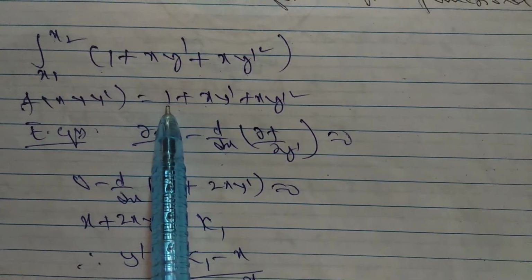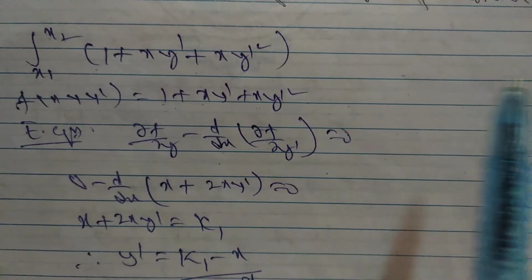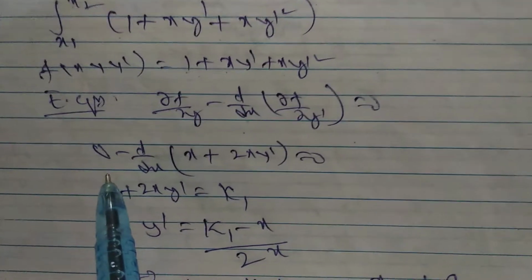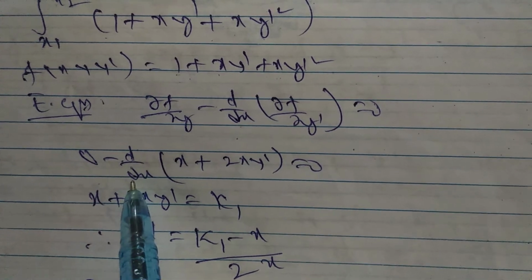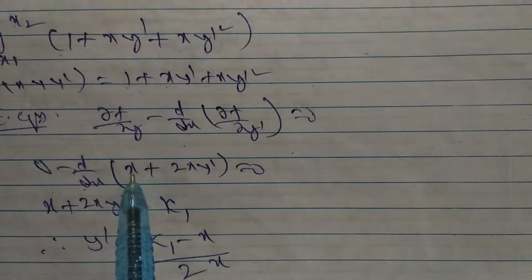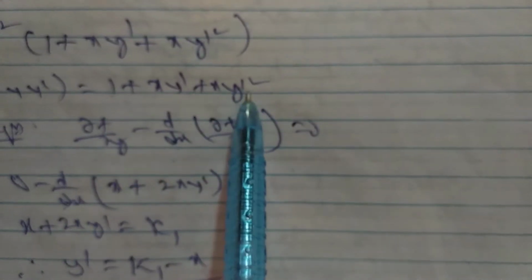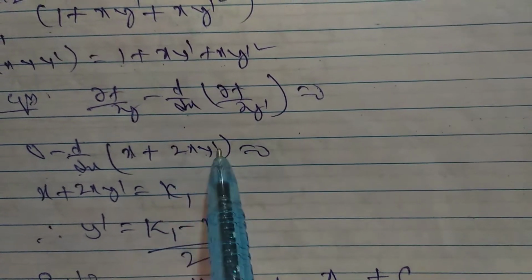With respect to y, 1 becomes 0, x y' becomes 0, and x y'^2 becomes 0. So this is 0 minus d/dx of ∂F/∂y'. With respect to y', 1 becomes 0, x y' becomes x, and in x y'^2, x stays as it is and y'^2 becomes 2y'.